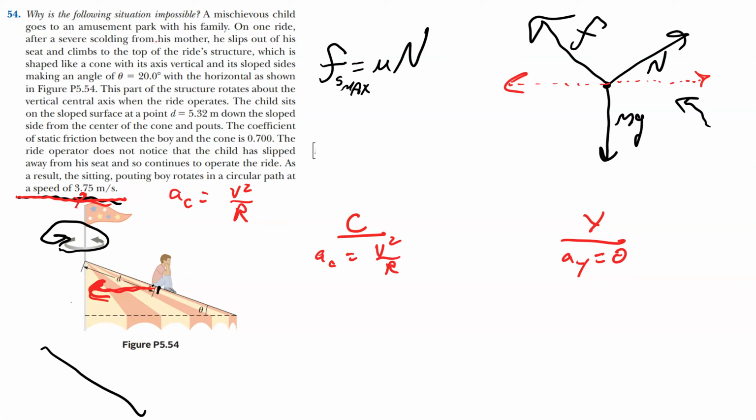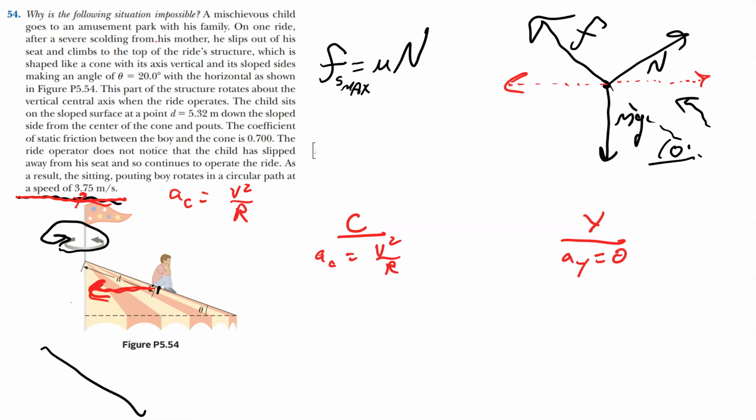Okay, so let's see. The angle given in the problem is here. This is theta, and so that must make this angle theta. This angle is 90, that would make this angle 90 minus theta. Okay, and so as far as components, I'll write those in green.